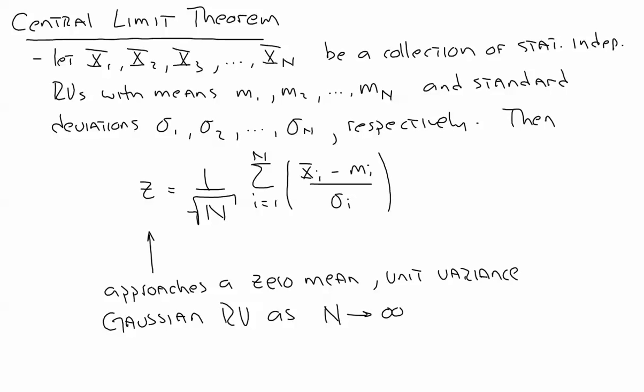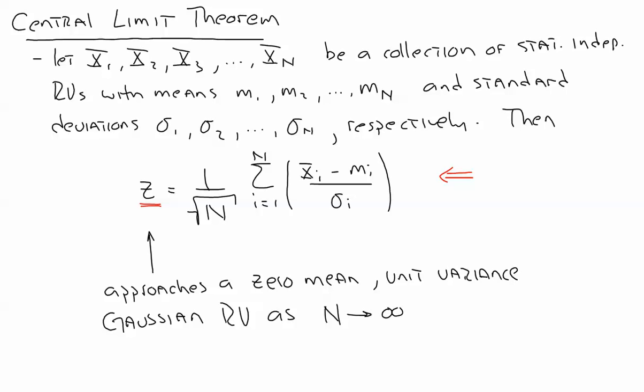So what the central limit theorem says is if I have a bunch of statistically independent random variables and I add them together in this normalized fashion, as I'm shown here, subtract off the means, divide by the standard deviations, add them all up, divide by the square root of n, turns out that that new random variable z approaches a zero mean unit variance Gaussian random variable as n approaches infinity.